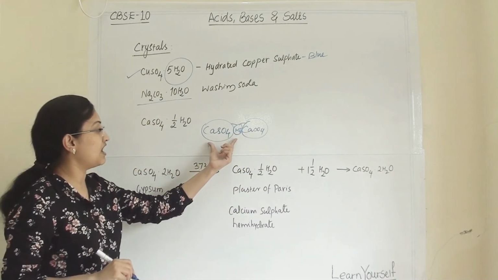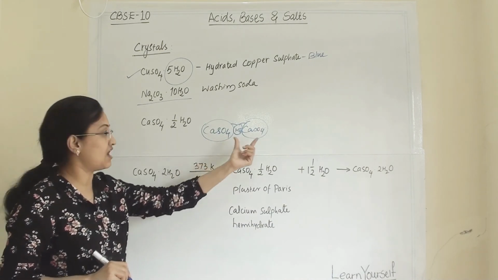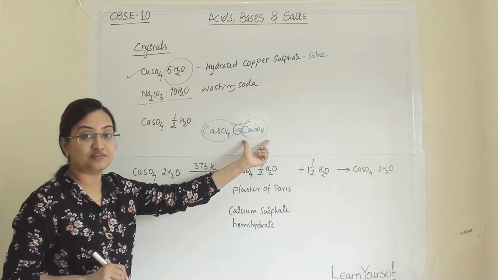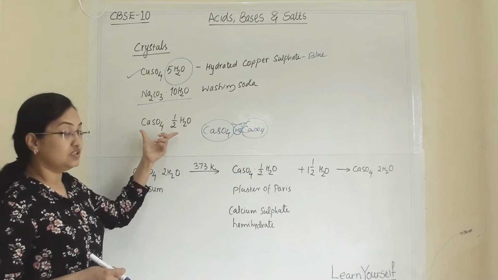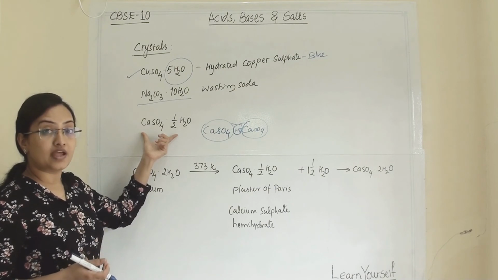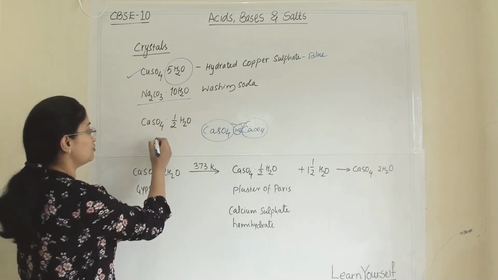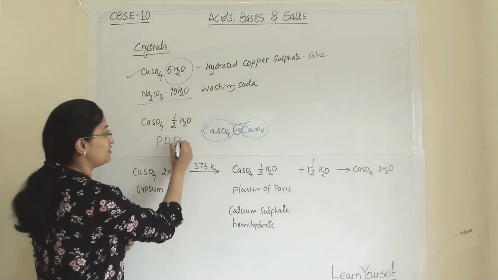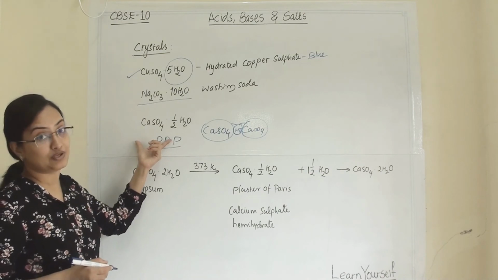So half a molecule of water is attached with this and half a molecule of water is attached with another calcium sulfate molecule. This substance is known as calcium sulfate hemihydrate. This is also known as plaster of Paris, or in short form POP.